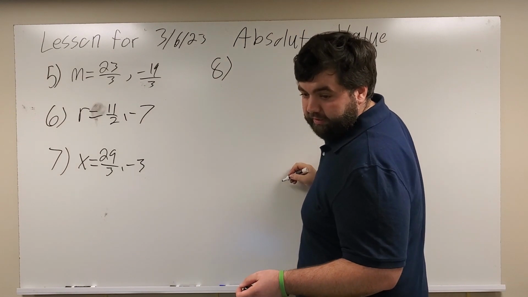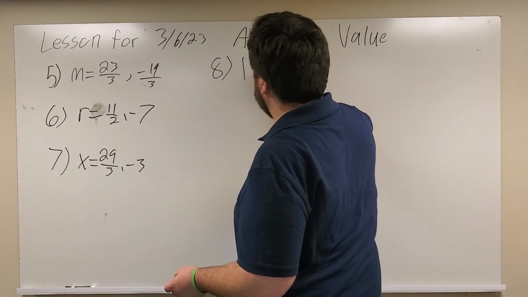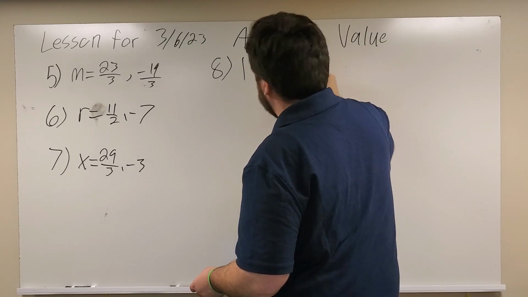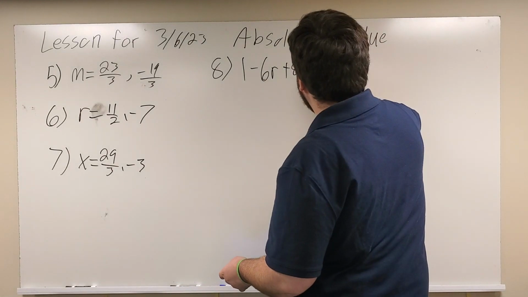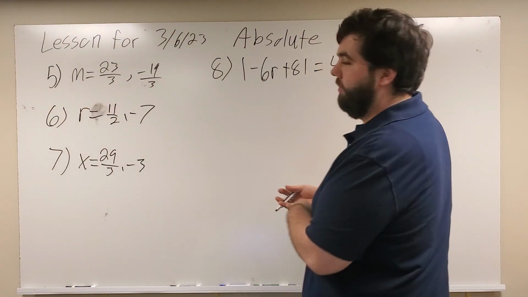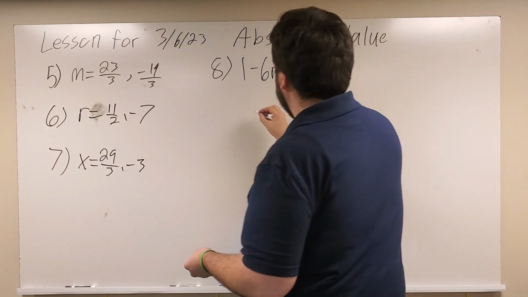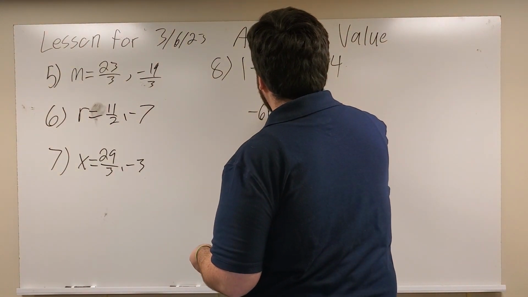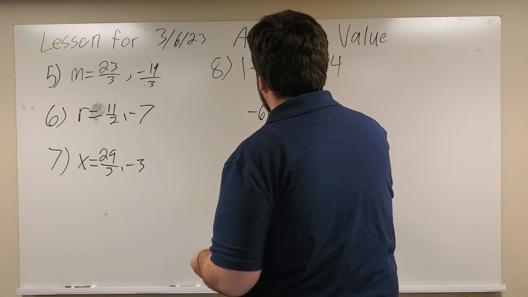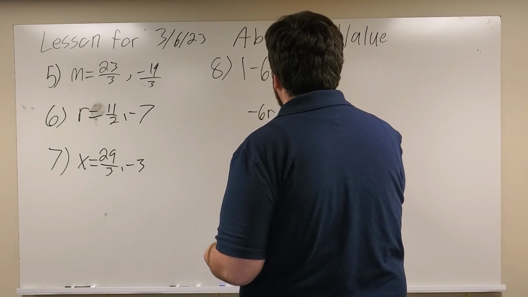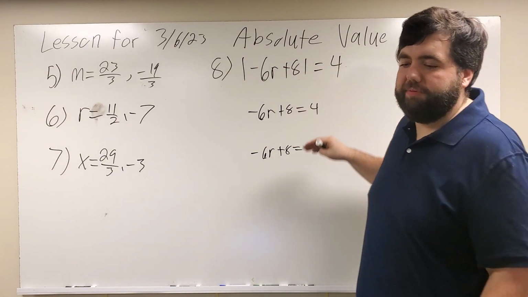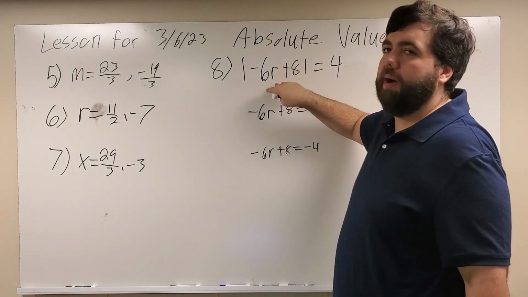And number 8 is the absolute value of negative 6r plus 8 is equal to 4. Okay? So, again, isolate, done. Split. We get negative 6r plus 8 is equal to 4, and negative 6r plus 8 is equal to negative 4. Now, we said when you take the absolute value of something, you make it positive, right?